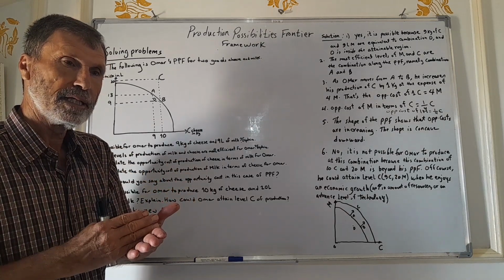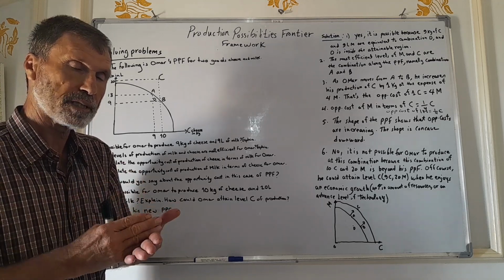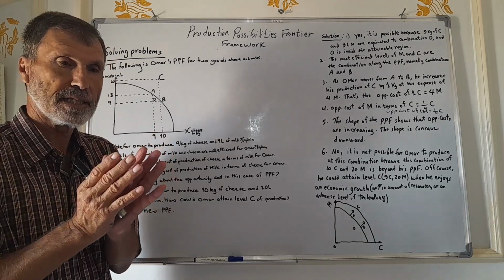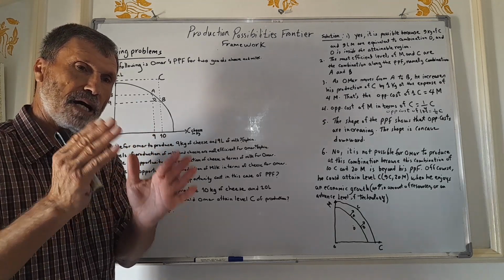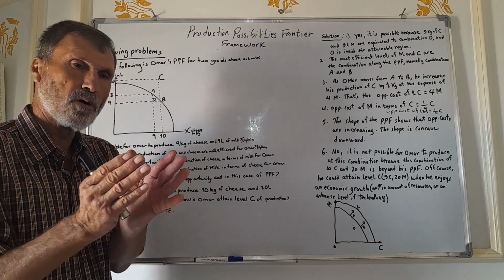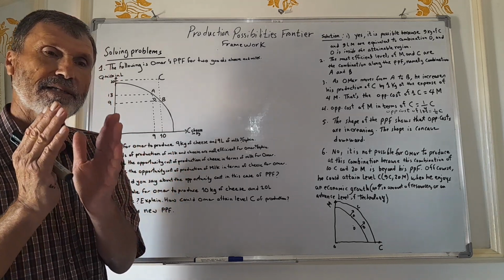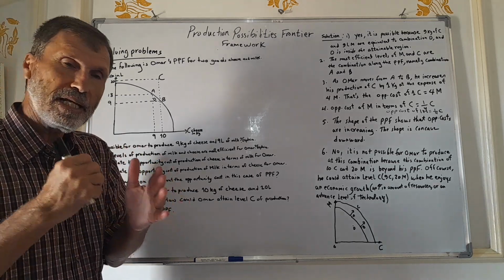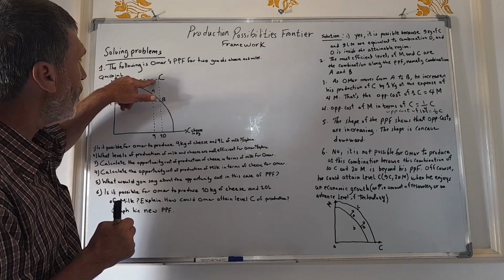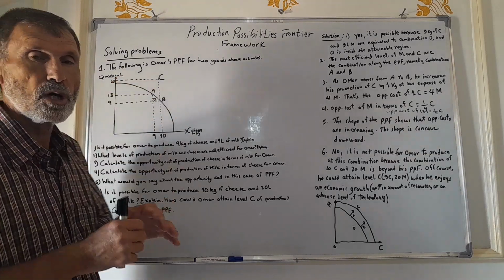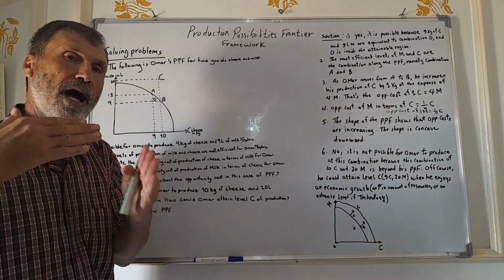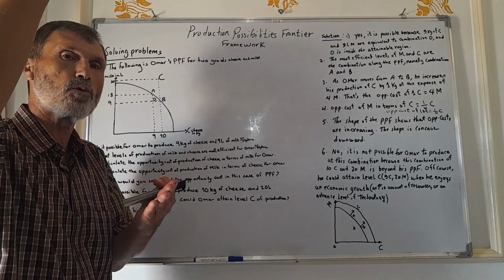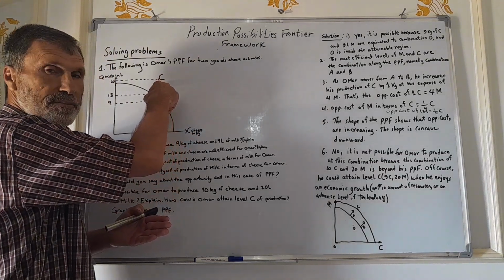Once Omar is able to have economic growth, that is an increase in the amount of resources or the attaining of an advanced level of technology, then he is able to produce at C. Because once he has economic growth, what will happen to the PBF? It will shift outward, to C.